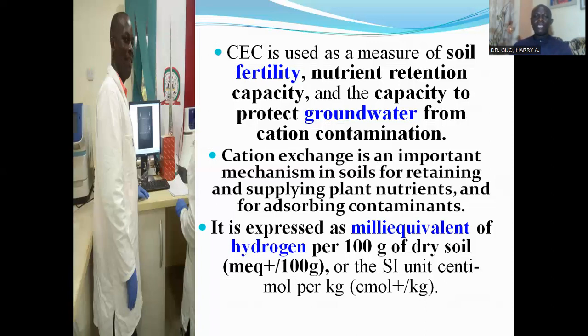Cation exchange capacity is expressed as milliequivalents of hydrogen per 100 grams of dry soil. And the SI unit is centimole per kilogram.